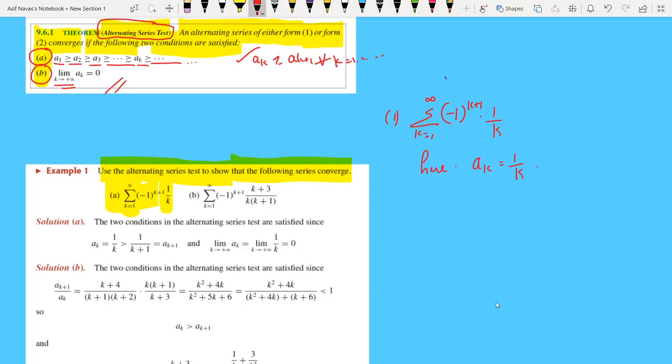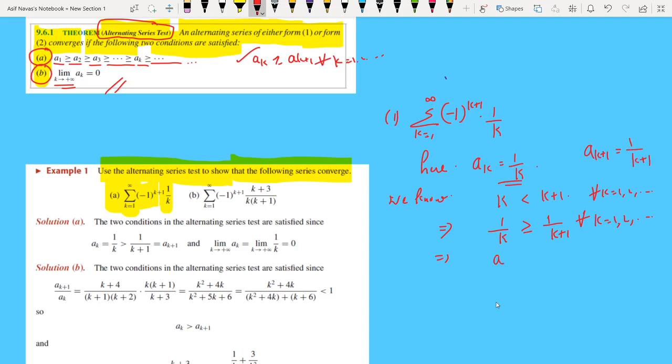For that, we know k is always less than k+1 for all k equal to 1, 2, etc. So this is for sure, k is always less than k+1, which implies if you take the reciprocal, 1/k is greater than or equal to 1/(k+1) for all k equal to 1, 2, etc. What is 1/k? 1/k is a_k, and what is a_(k+1)? 1/(k+1).